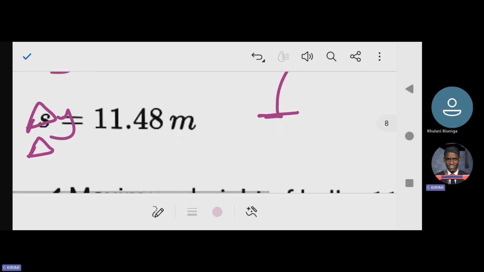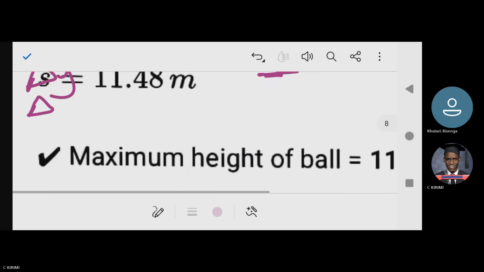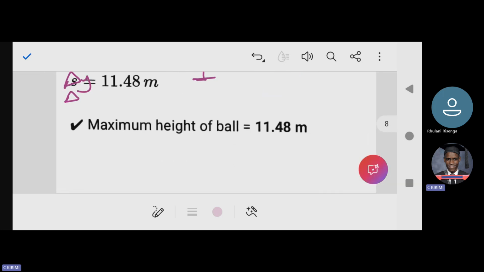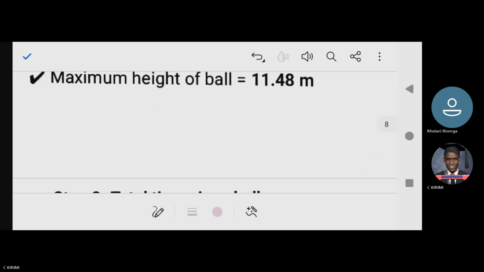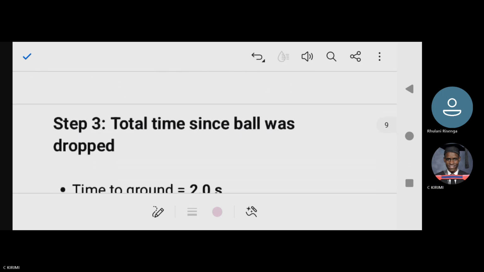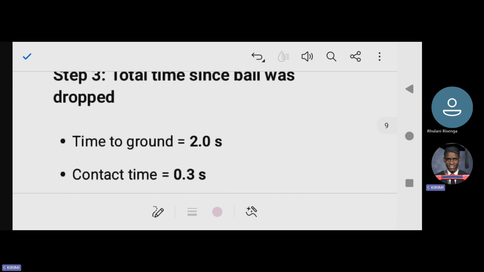Okay, but we have not yet answered the question. So the maximum height of the ball is 11.8 meters. Now we want the total time since the ball was dropped, the time from the moment the ball was dropped to the ground.